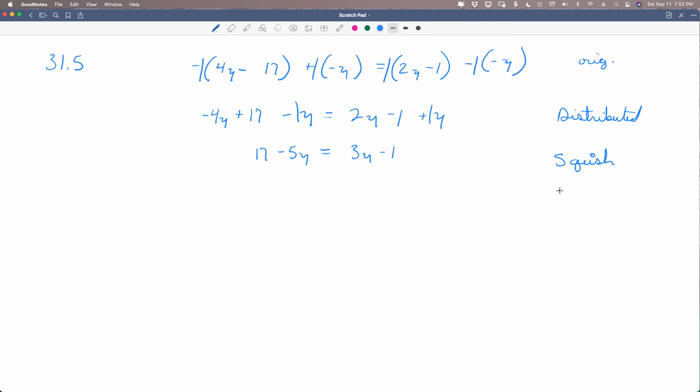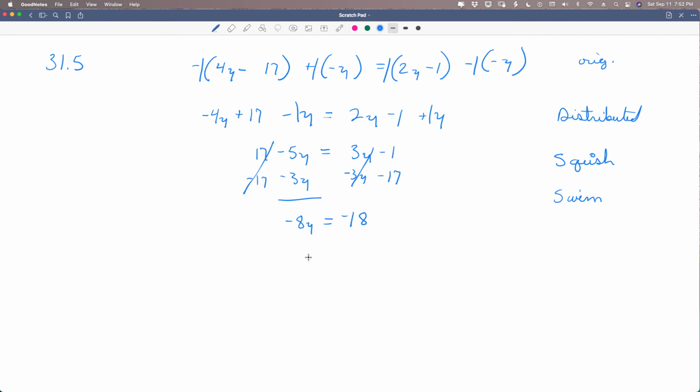Now we can swim our fish from one side to the other. So let's swim him over. And let's swim him over. That leaves negative 8y on this side equals negative 18 on this side.